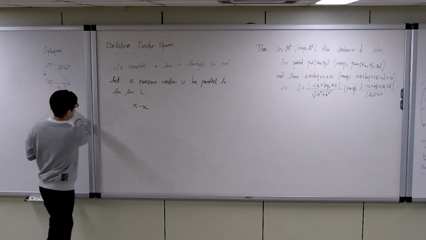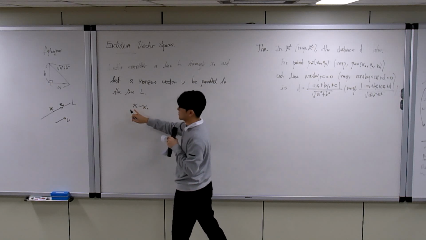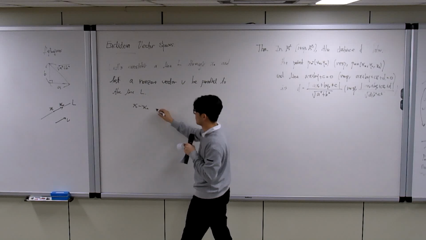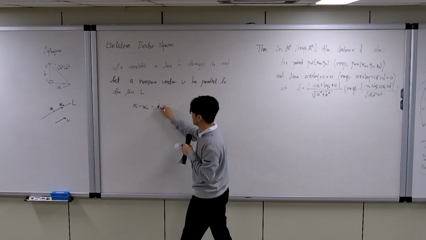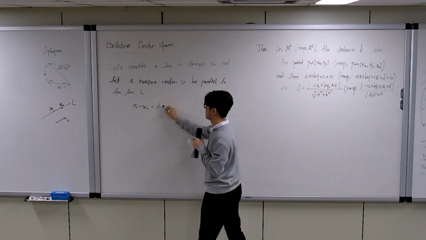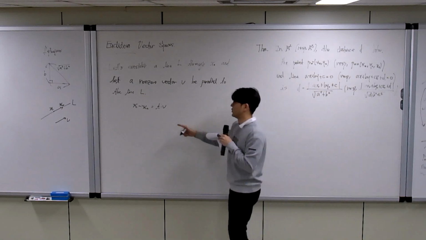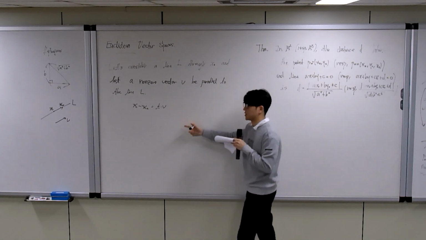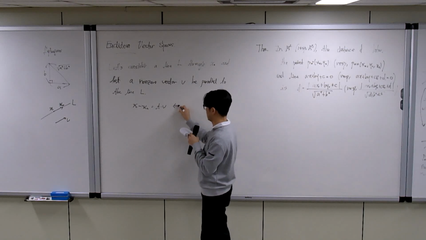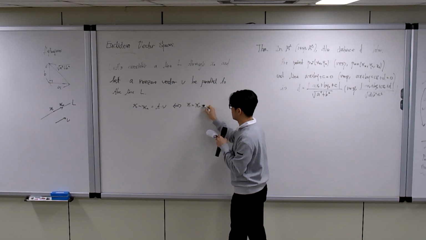It is the fixed point x0. If you take any vector in L, then it will be a scaling of the vector v. So x minus x0 will be written as t, a scalar, times v, and equivalently it is the same as x0 plus tv.